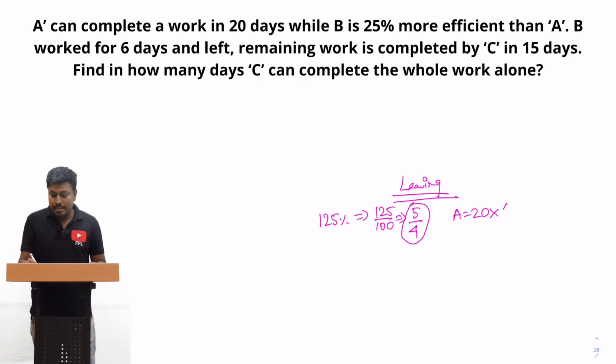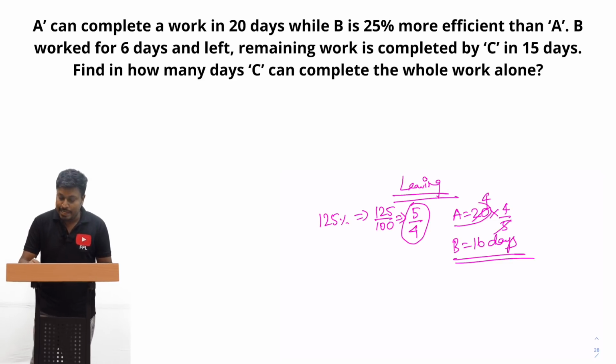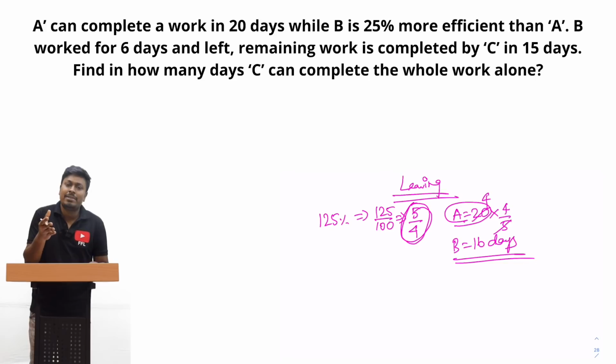So while writing here, take the reciprocal, so B is equal to 16 days. Got it? A can complete a piece of work in 20 days, B is 5 by 4 efficient, so 25% more efficient. While multiplying, you need to take the reciprocal of the number, that is 4 by 5. So 20 into 4 by 5 is 16 days.